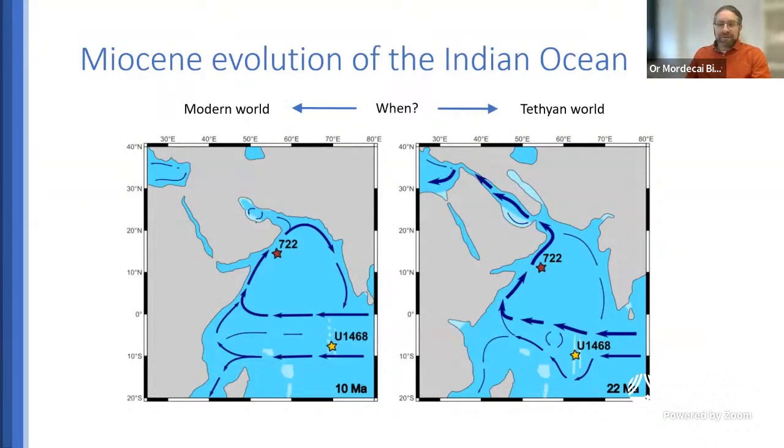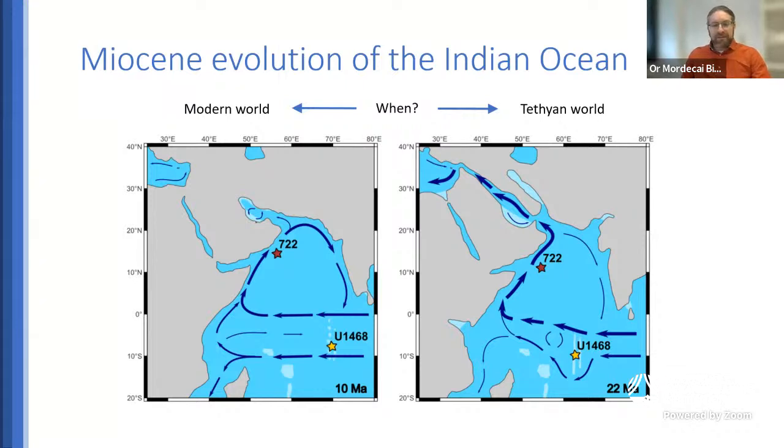When we start this time series, we still have connectivity between the Indian Ocean and the Mediterranean. We have a low latitudinal circumglobal current. By the end of it, that's gone, and a lot of this heat that would leak out of the Indian Ocean gets bottled in the Arabian Sea.